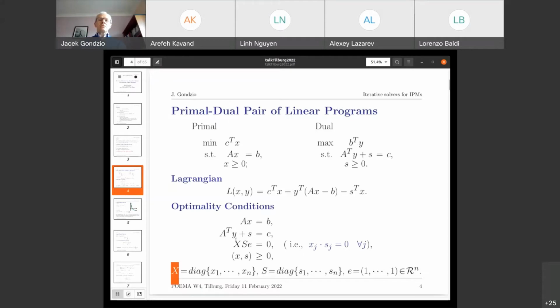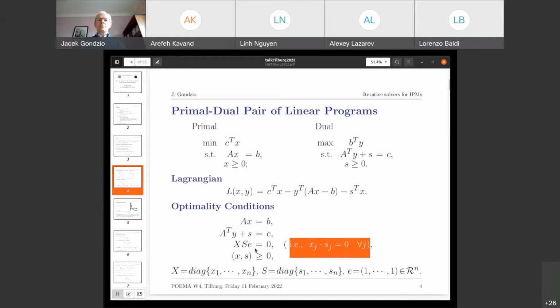Remember, capital X is the diagonal matrix here with elements of the vector x. Similarly, capital S is the matrix where the s's are on the diagonal. And the vector e, which you can see here, is the vector of ones, all of course in consistent dimensions. So one short way of writing this requirement that Xj Sj has to be equal to 0 for every component j is to write it in this matrix vector notation.